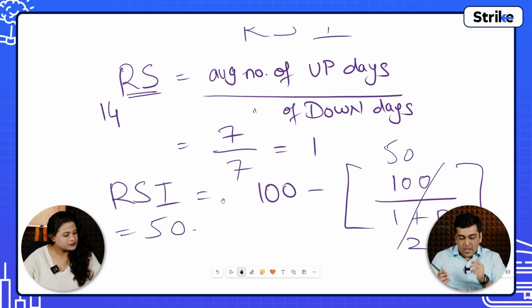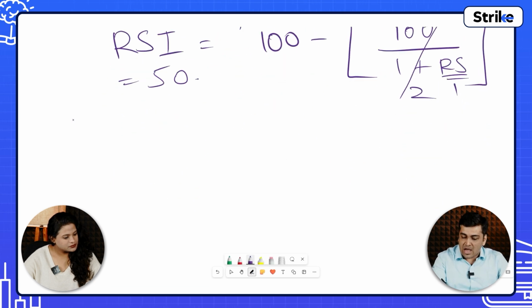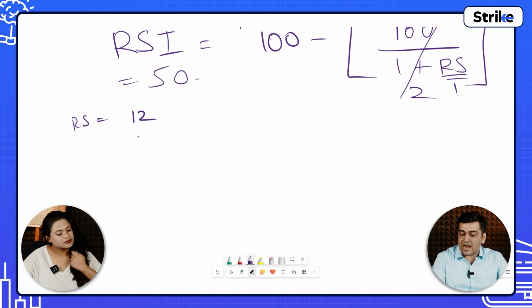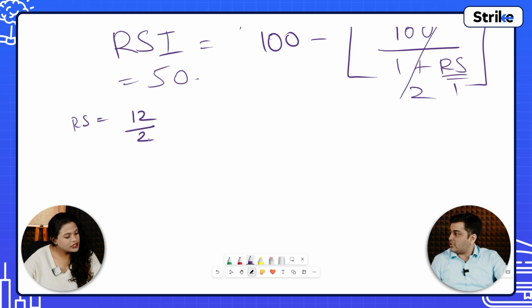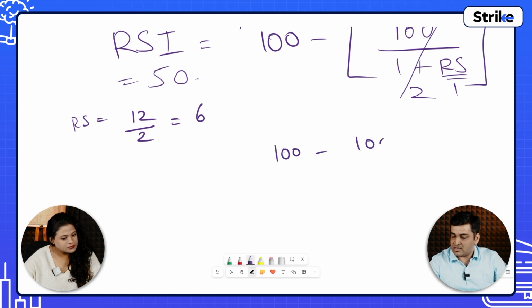Now, what if, while calculating RS, out of the 14 periods, there were 12 green candles and only 2 red candles. So RS will be 6. Now, if we take 6 in this formula, it will be 100 minus 100 divided by 1 plus 6.